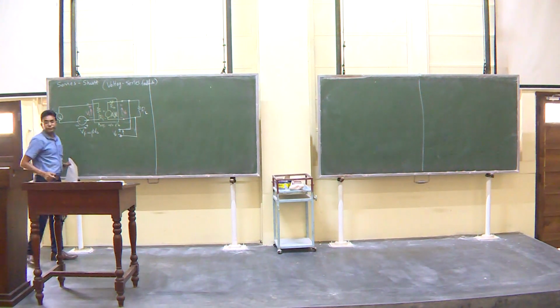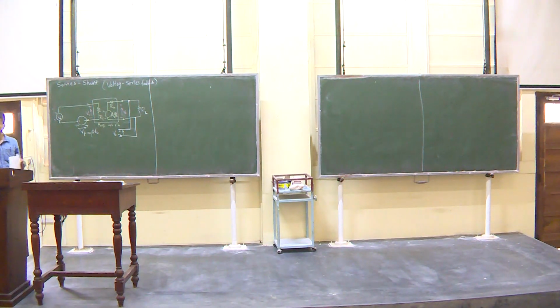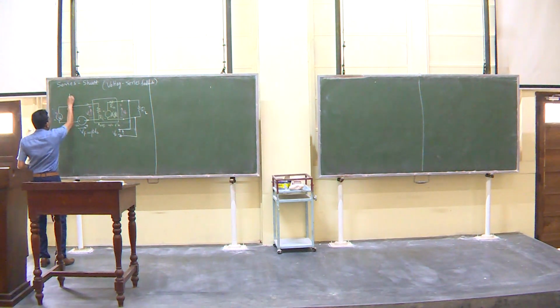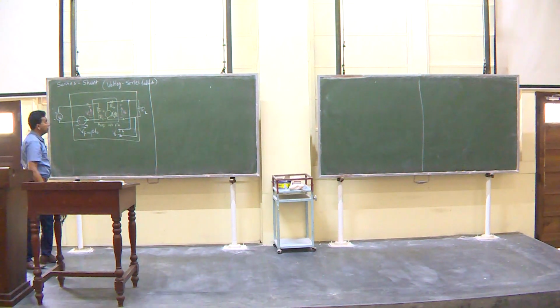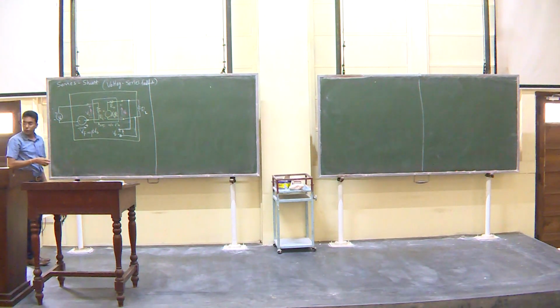This is V out, right. So, this is my equivalent circuit. Now, if you look at this whole thing, this is my amplifier with feedback.